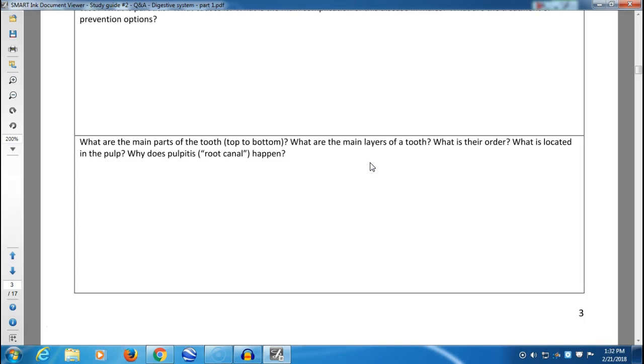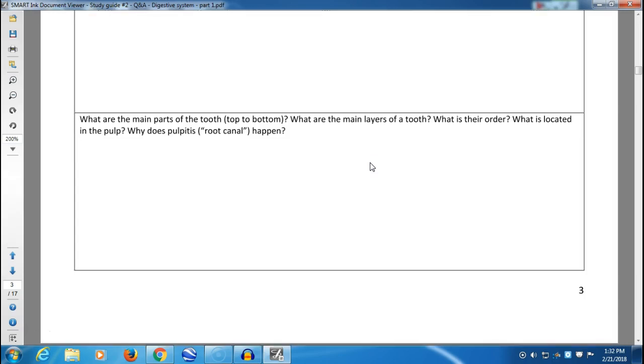Okay, sorry. Types of teeth: incisors, canines, premolars and molars. Which ones are absent in deciduous teeth? Premolars. Okay.